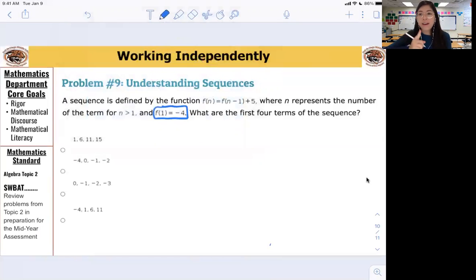This is telling you that f of 1 equals negative 4. So the first term is negative 4. The sequence has to start with negative 4. So answer choice A is out because that starts with 1, and answer choice C is out because that starts with 0. I've narrowed it down to 2 choices.